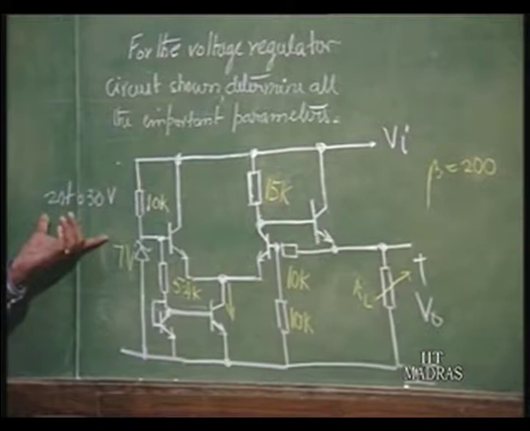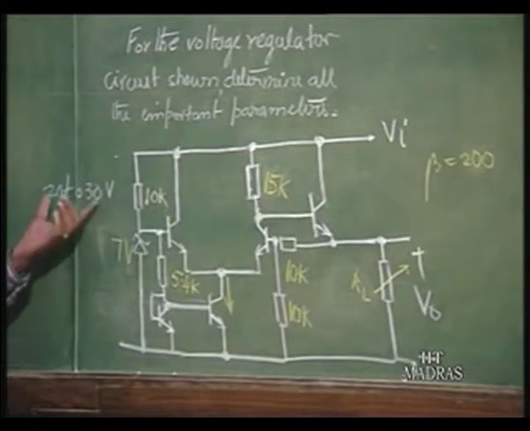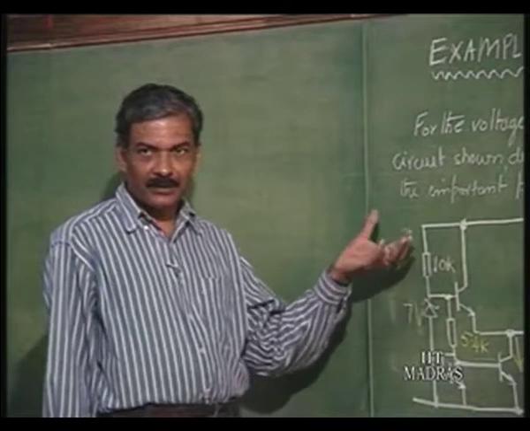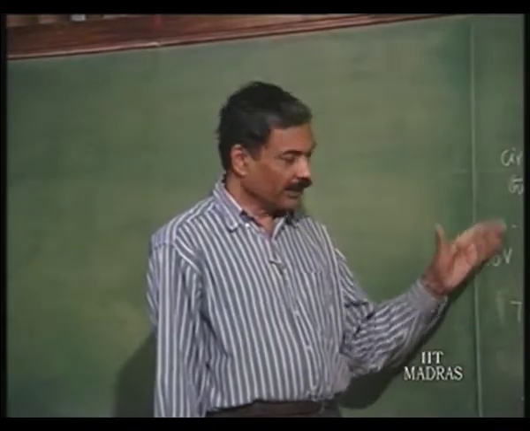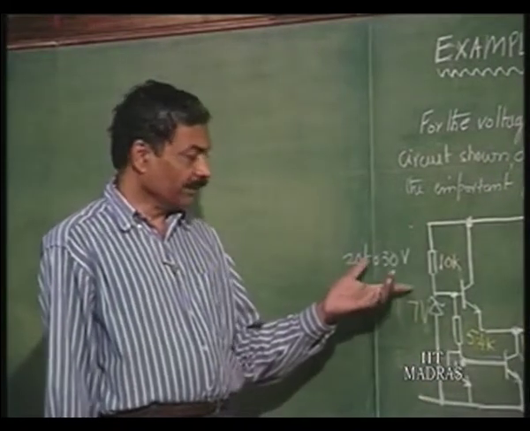This is the typical variation possible because normally this unregulated voltage is derived from the power line, and that much variation occurs in the power line, and you are deriving from transformer, rectifier, filter an unregulated voltage which is going to supply this. So, that is varying from 20 to 30.